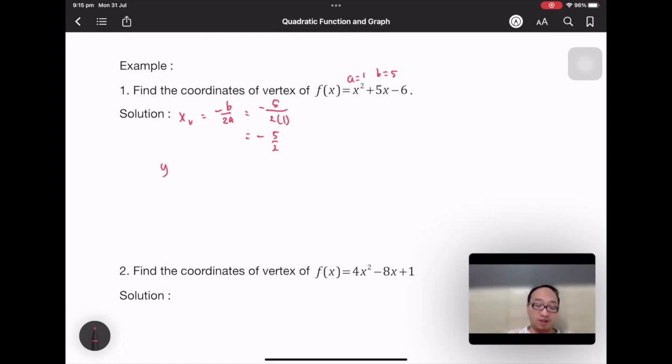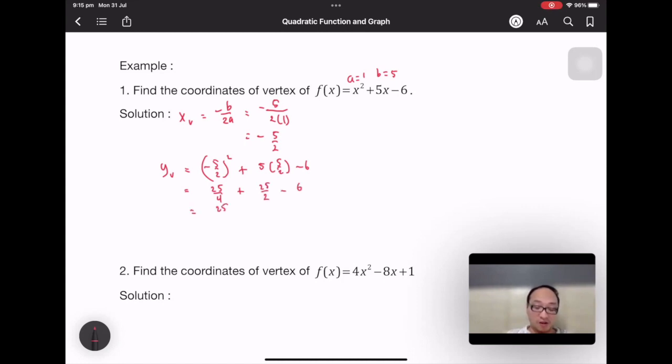And for the y, we just replace the x value into the function. So it's negative 5 over 2 squared plus 5 times negative 5 over 2 minus 6. So this is 25 over 4 plus 25 over 2, minus 6.